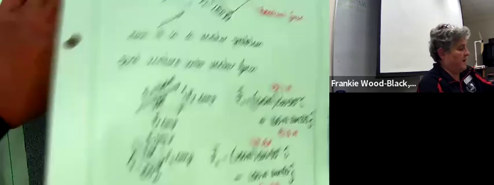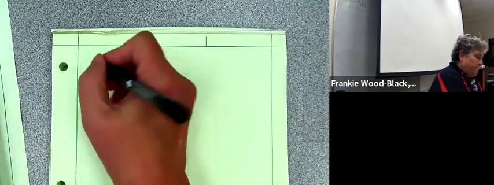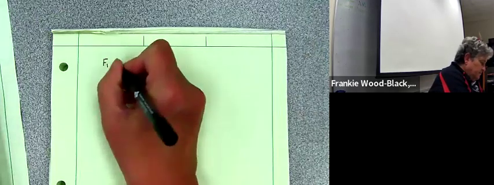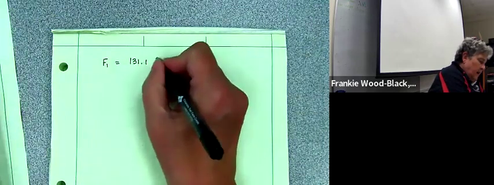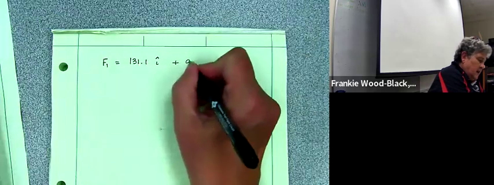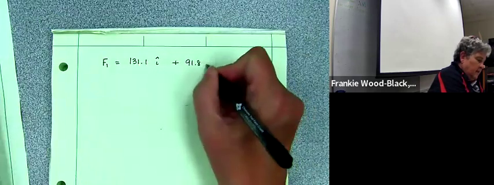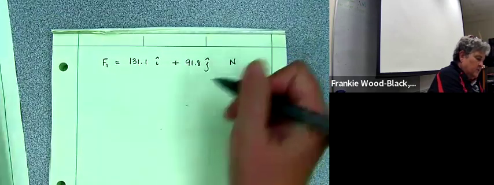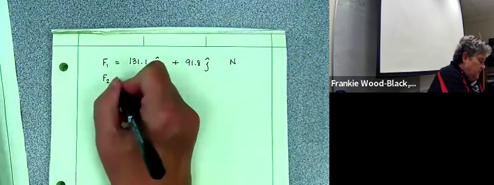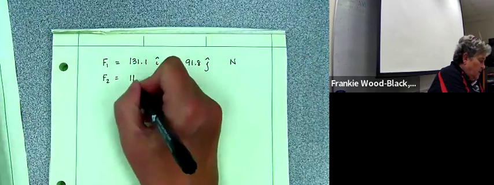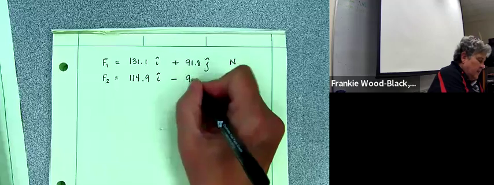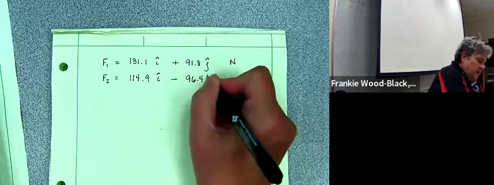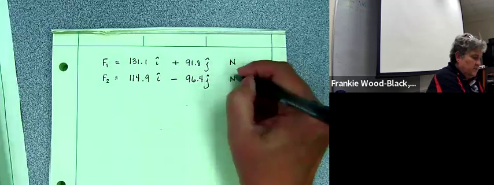So now I'm going to write out my vectors. Force 1 is 131.1 in the I direction plus 91.8 in the J direction, and those are in newtons. My force 2 is equal to 114.9 in the I direction minus 96.4 in the J direction, and that's in newtons.